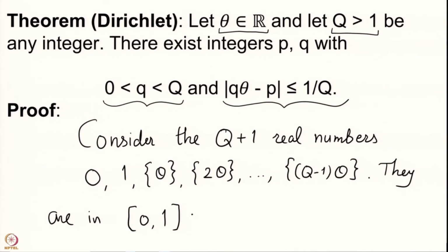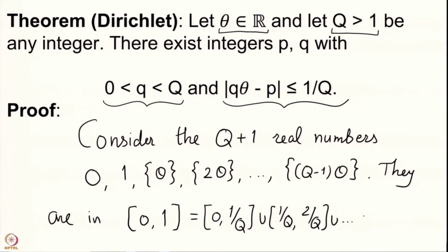So, we have these Q plus 1 real numbers, and we will put them in these Q subintervals. Similar to what we had seen in the decimal expansion, where we had divided each subsequent interval into 10 equal parts. Here we are dividing our interval 0 to 1 into Q equal parts.